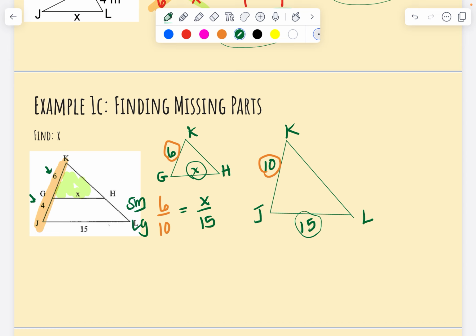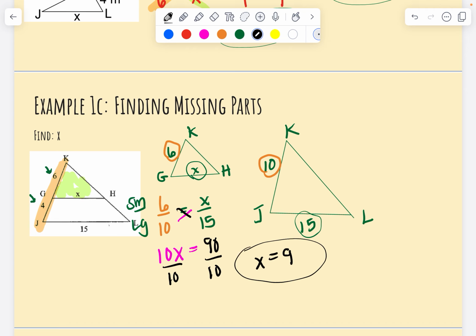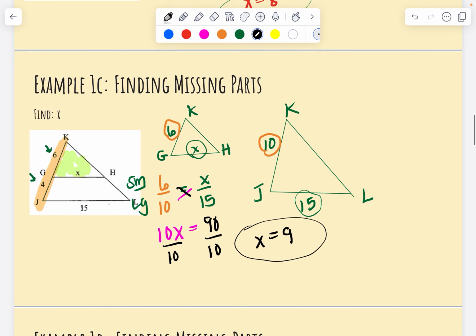So solving this one, 10 times X is 10X. 6 times 15 is 90. Dividing both sides by 10, we will get X is 9. And of course, you can check your work. 6 divided by 10 is 0.6, and then 9 divided by 15 is also 0.6.